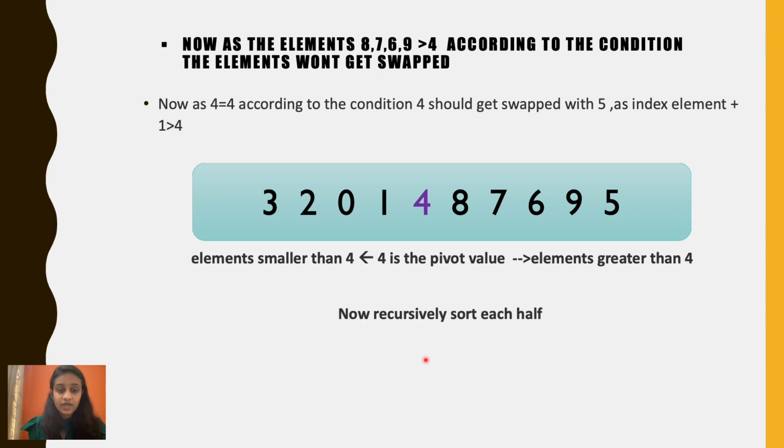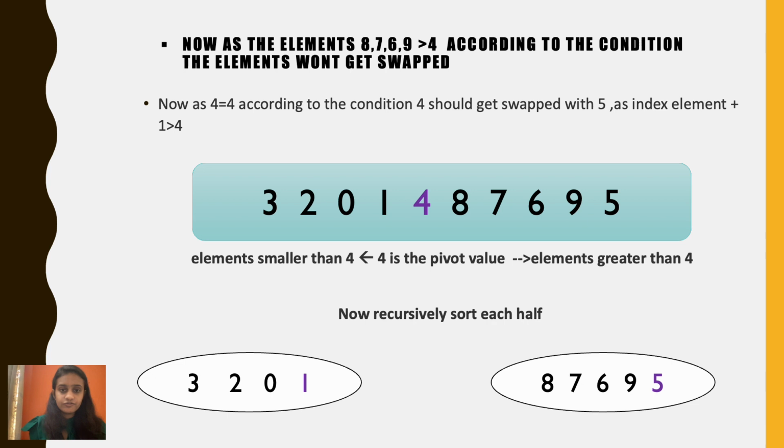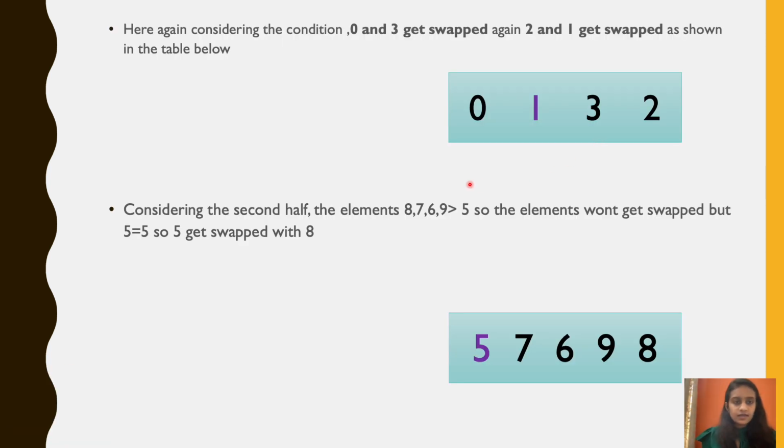Now recursively we have to sort each half of the list, that is 3, 2, 0, 1, and the other half is 8, 7, 6, 9, 5. Now you can observe the original list of elements, and this is the list of elements after swapping.